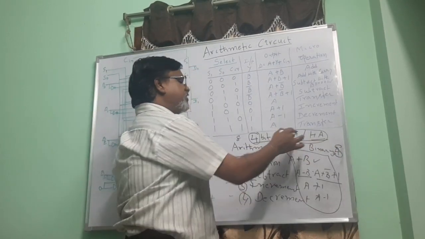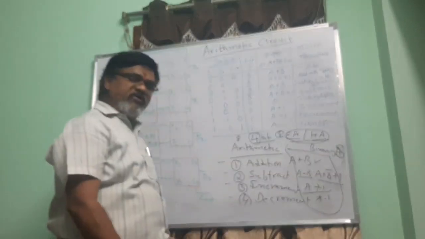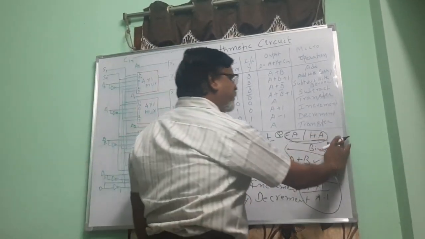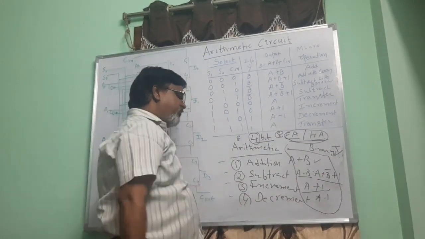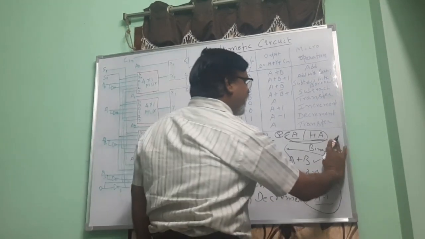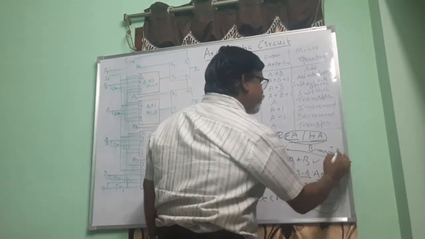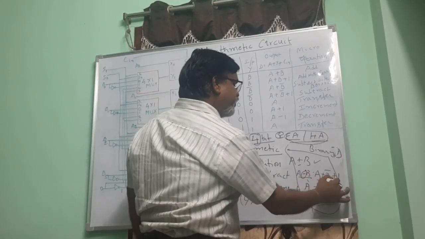Or else, if the same half adder or full adder is used for incrementing the given number by 1, then that is called a binary incrementer. Now if the same adders are used to subtract, a minus 1, that is called a binary decrementer. So for this subtraction, we use 2's complement.